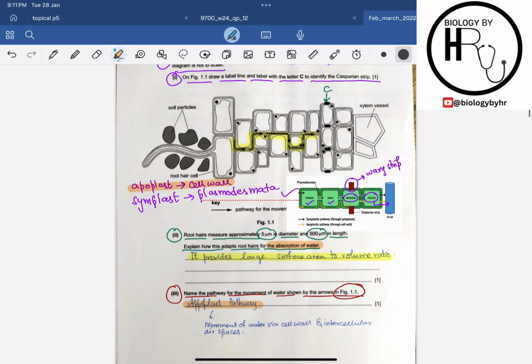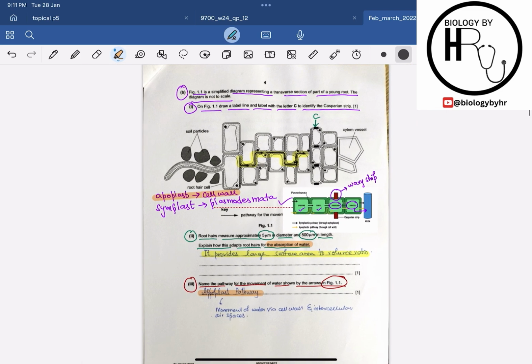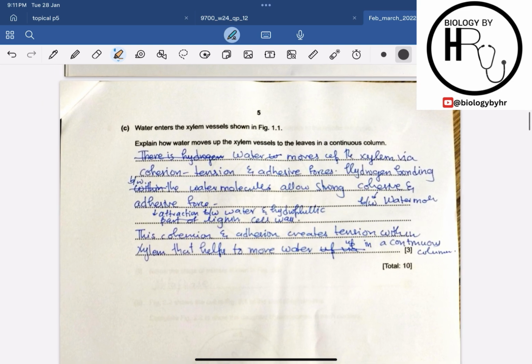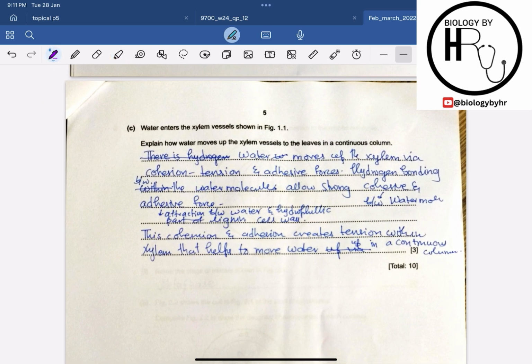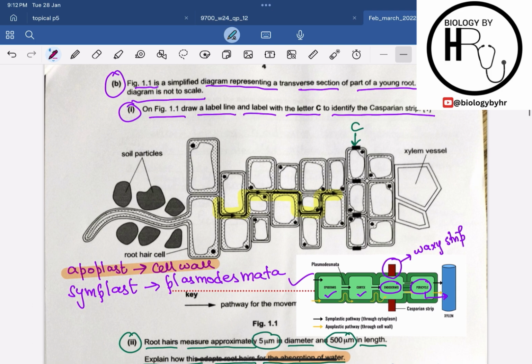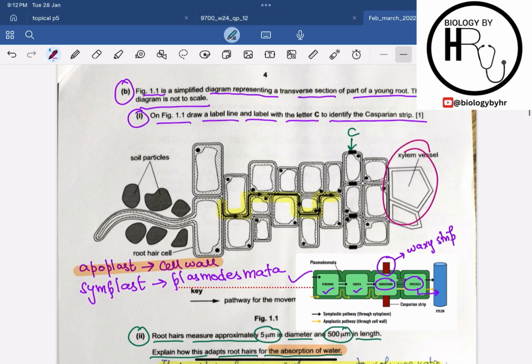So this is basically the apoplast pathway as we discussed earlier as well. Now the last part of question number 1, which is part C. Part C over here says that water enters the xylem vessel shown in figure 1.1.